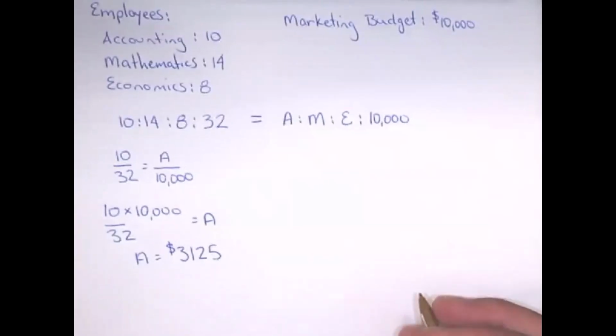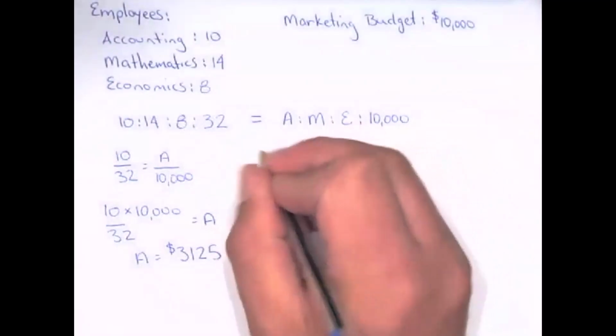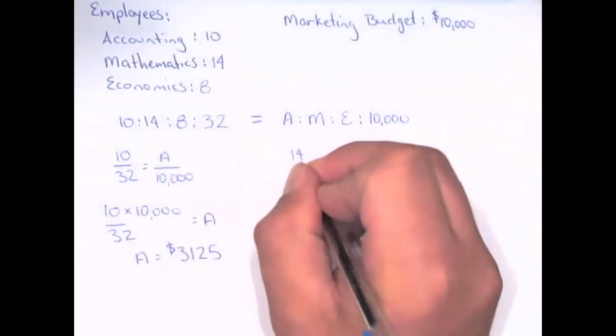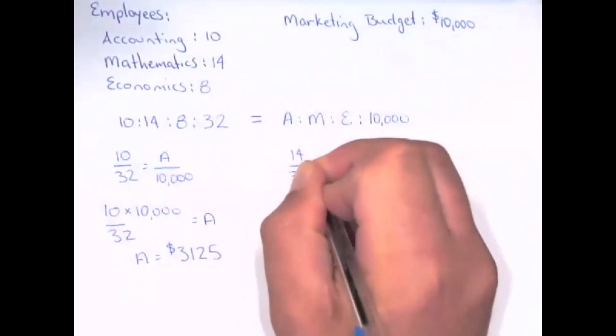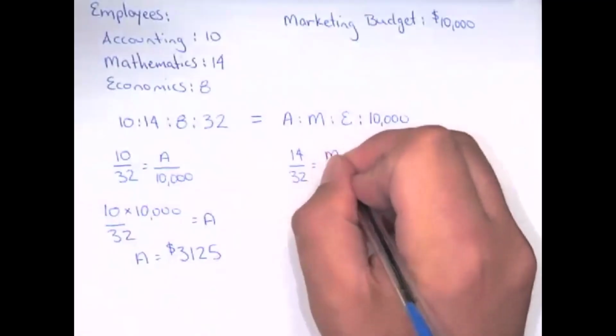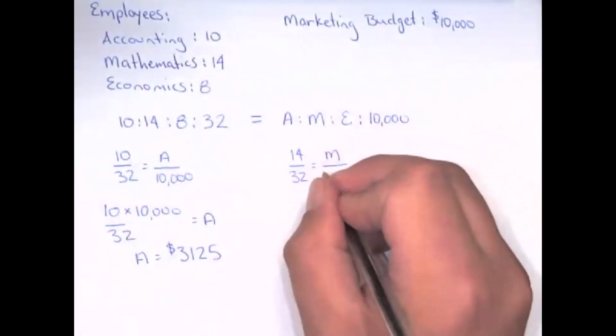Next, let's look at the mathematicians. So we'll take the 14 and the 32. And that's equal to our math budget divided by $10,000.